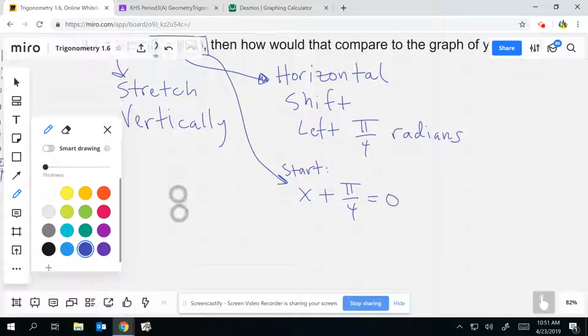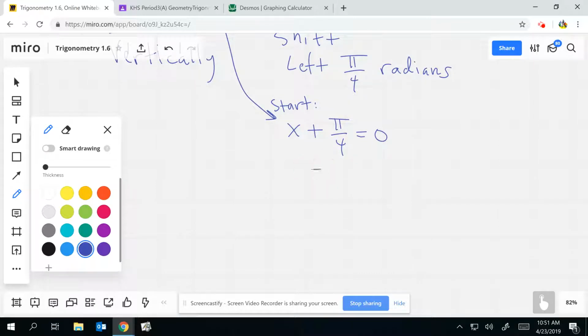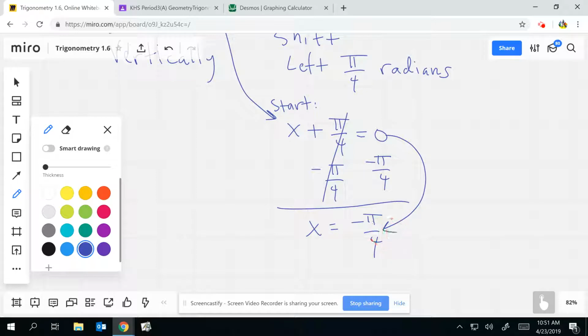Okay, so if I solve for x, if I subtract pi over 4 on both sides, you're going to get x equaling negative pi over 4. That means instead of starting at 0, you're going to now start at negative pi over 4. So you had to move left pi over 4 units to start. That's why any addition is going to be a left shift, because when you solve it, you're going to get a negative and you got to move left. So the left will find your 0 point.